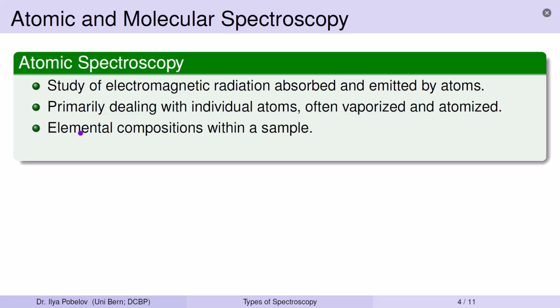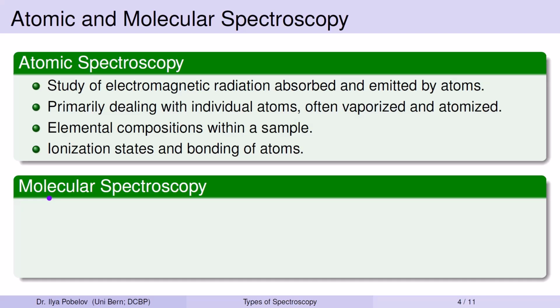Each element has its unique spectral signature, allowing us to pinpoint specific elemental compositions within a sample. These methods may reveal not only the number and type of atoms present, but also their ionization states and, in some cases, how they might be bonded.